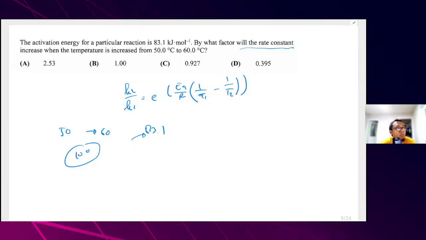That doesn't make any sense. So the question is, what factor will the rate constant increase when the temperature increases from 50 to 60?